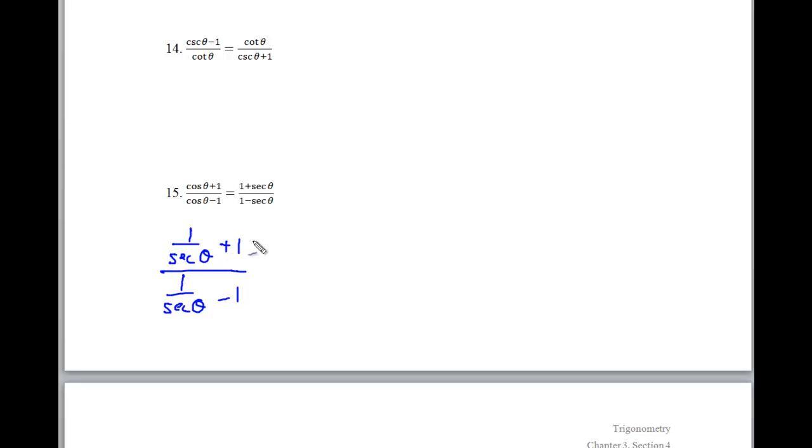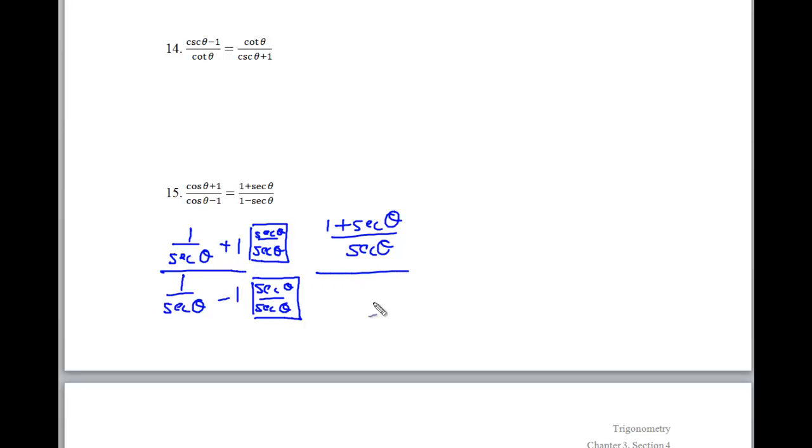We're going to get common denominators here by multiplying top and bottom by secant of theta. So that's a very particular one. Same thing here, secant theta. Okay, so what we have here is 1 plus secant theta over secant theta. Because there's our common denominator, we combine those, and we have 1 minus secant theta over secant theta.